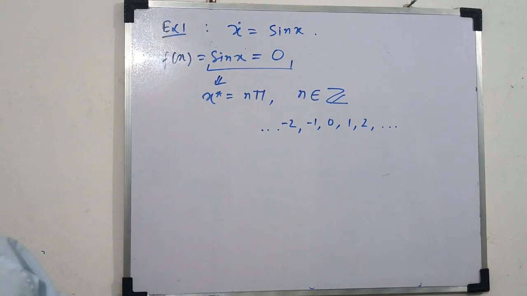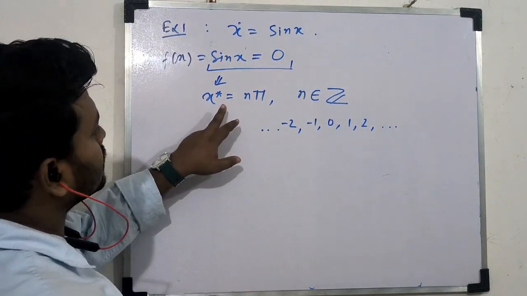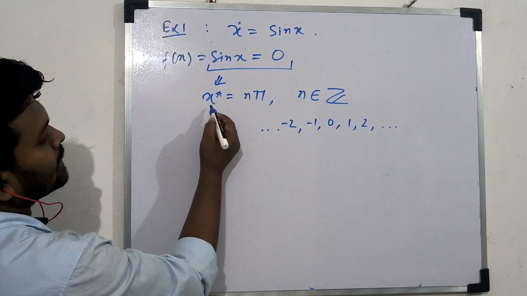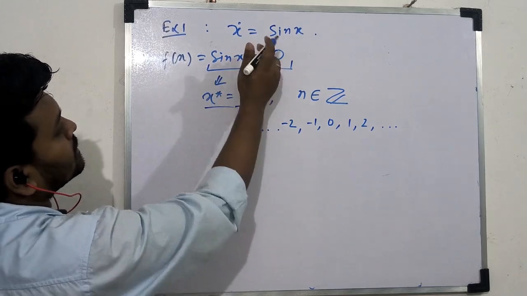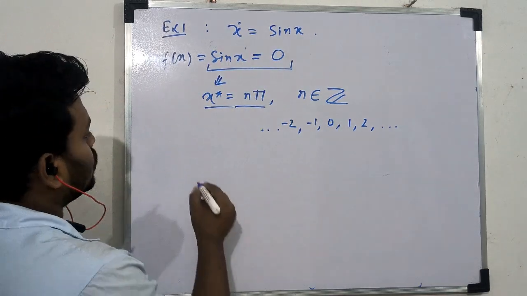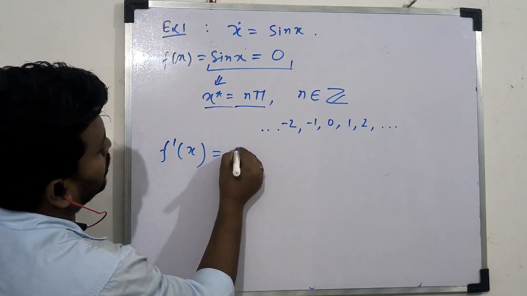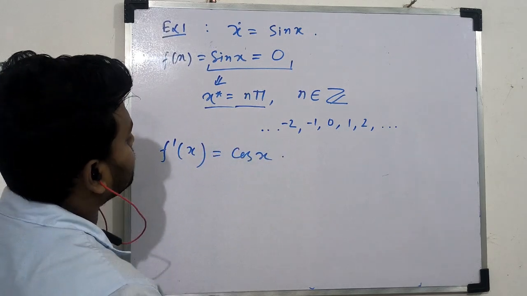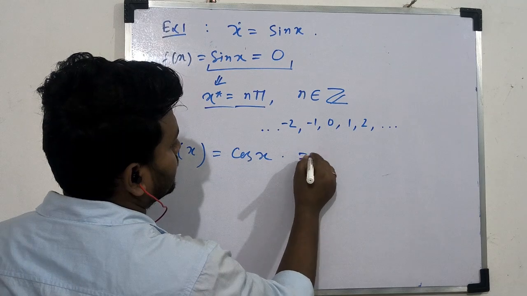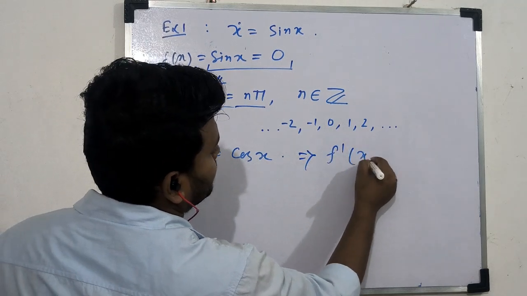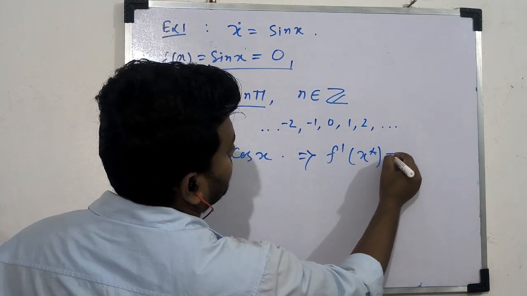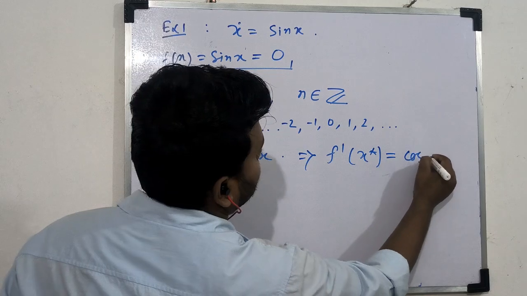These are the equilibrium points of this dynamical system. Therefore, if we find f dash x, this will be cos x. And this gives f dash x star equal to cos x star.